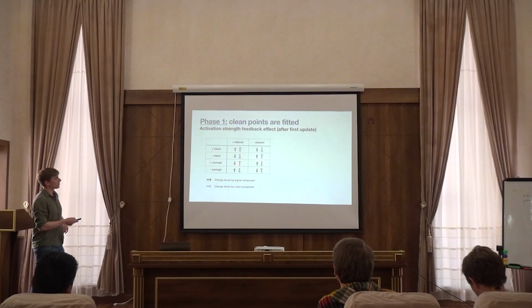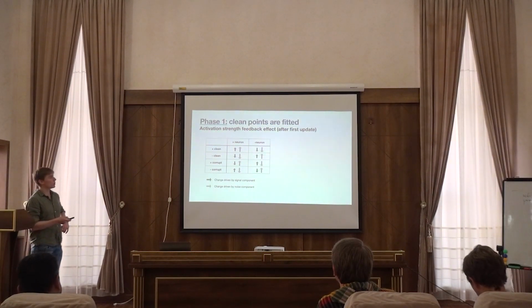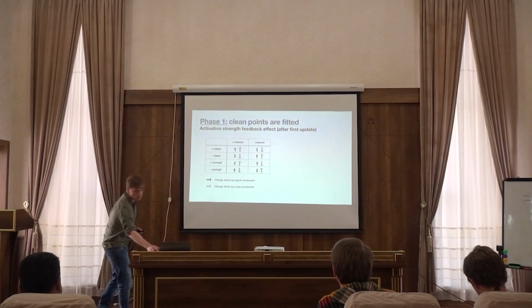But for corrupt points, it's going to be the opposite, right? The signal component and the activation of a point with that neuron are going to be pushing against each other, and in some sense cancelling out.